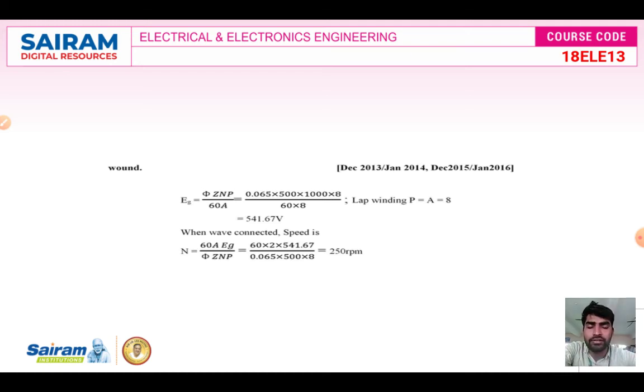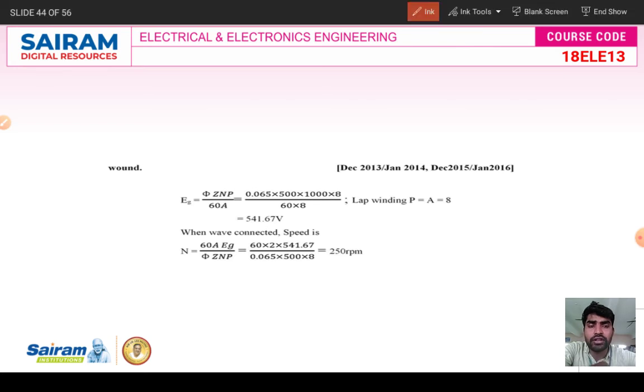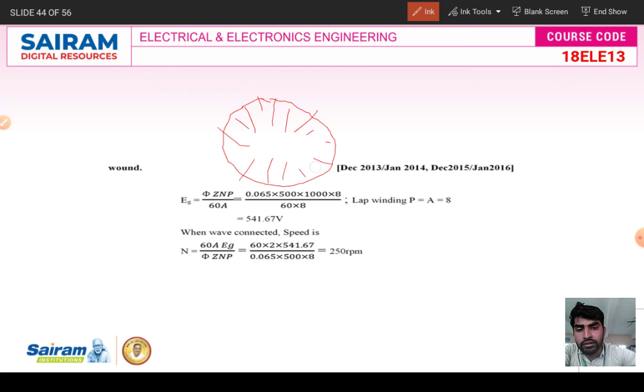See here, the generator construction is like this. Okay, it has 8 poles: 1, 2, 3, 4, 5, 6, 7, 8. 8 poles will be there, and the flux produced by each field winding is 0.065.